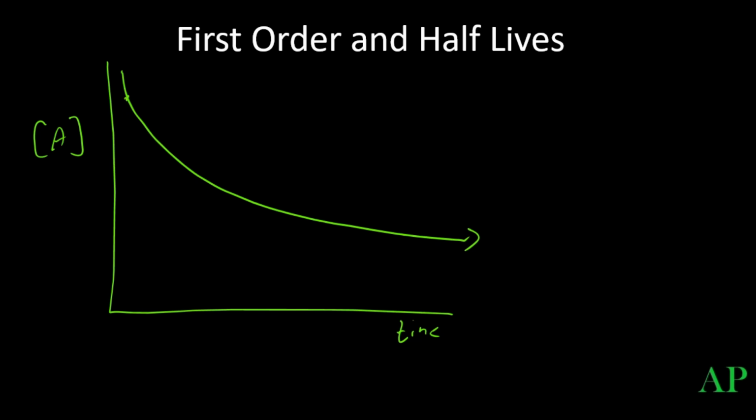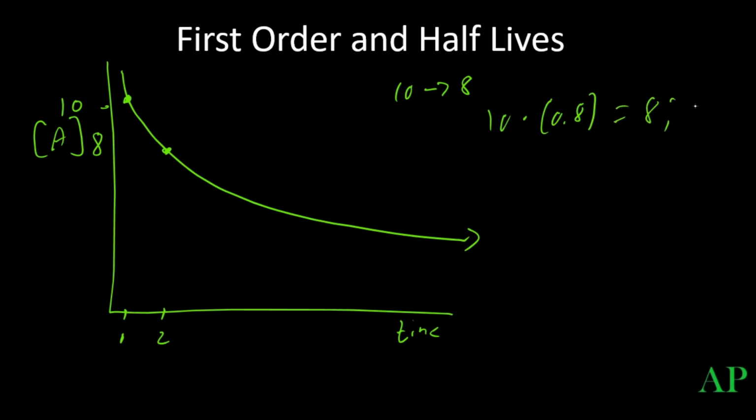If at this point in time, which I'm going to call 1, my concentration is 10, then at my time 2, I'm going to say that my concentration is 8. What did I do? I went from 10 to 8. To do that, you would have to take 10 and multiply by 0.8, or 80%.